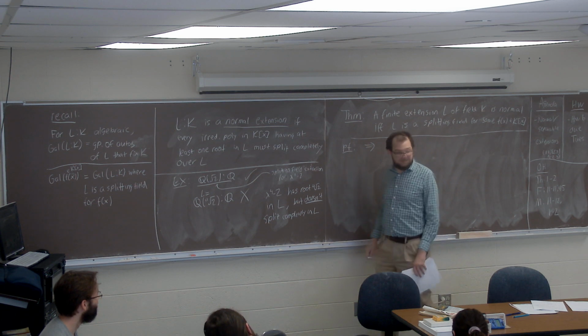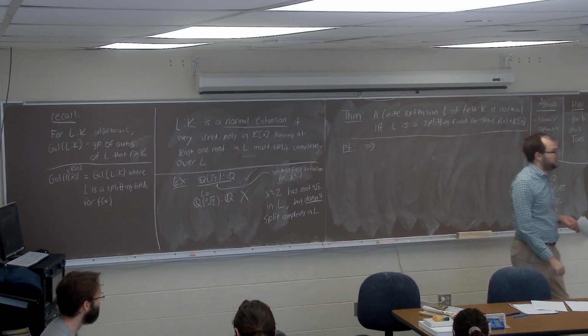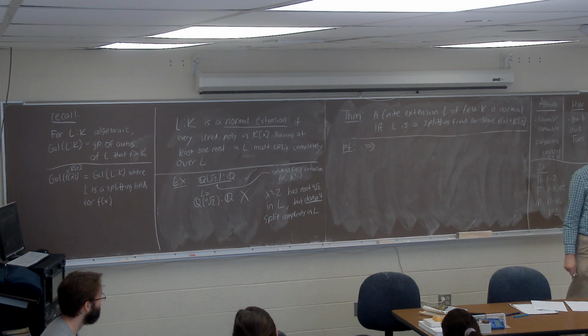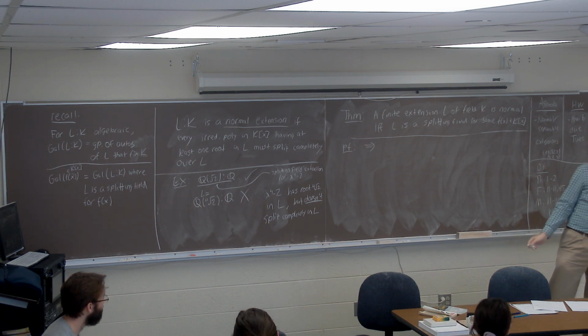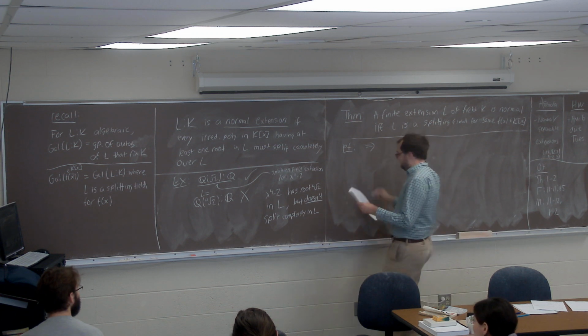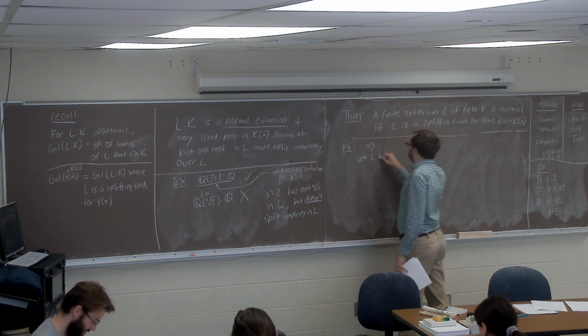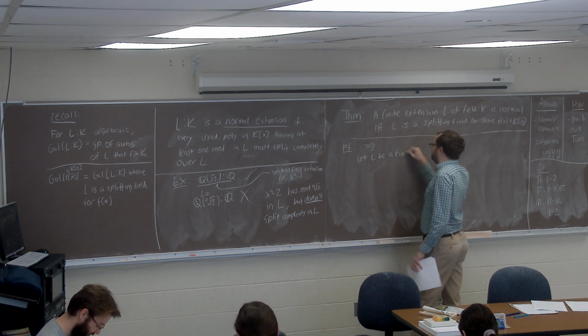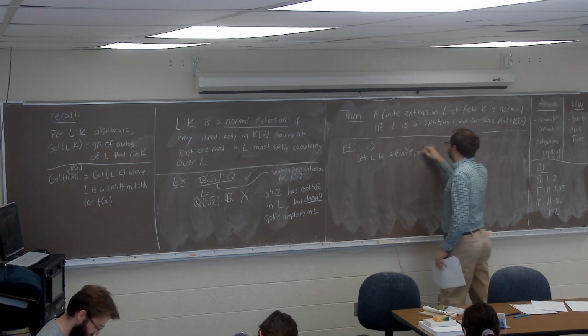Yeah, which is a little bit different. For instance, adjoining pi gives you an infinite degree extension, and we would consider that an infinite extension even though we're really only adjoining one element. So let L be a finite normal extension.